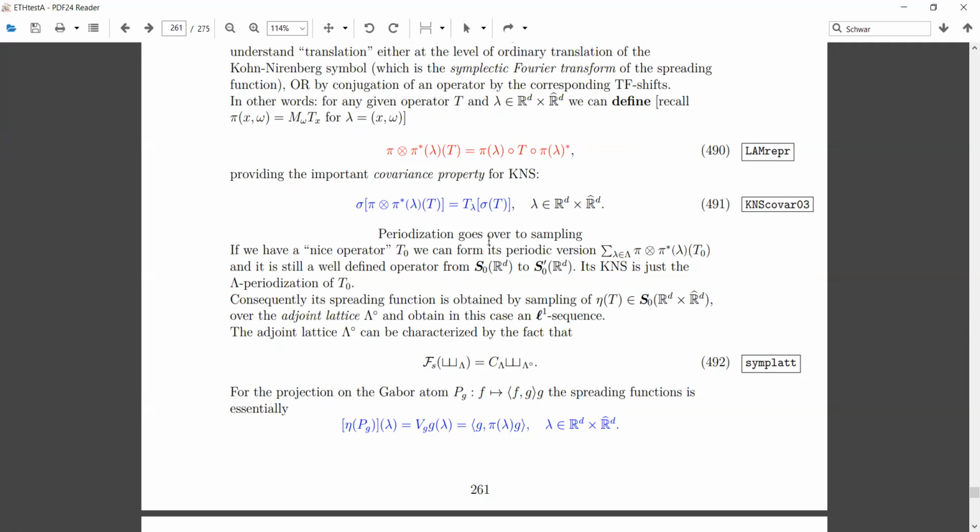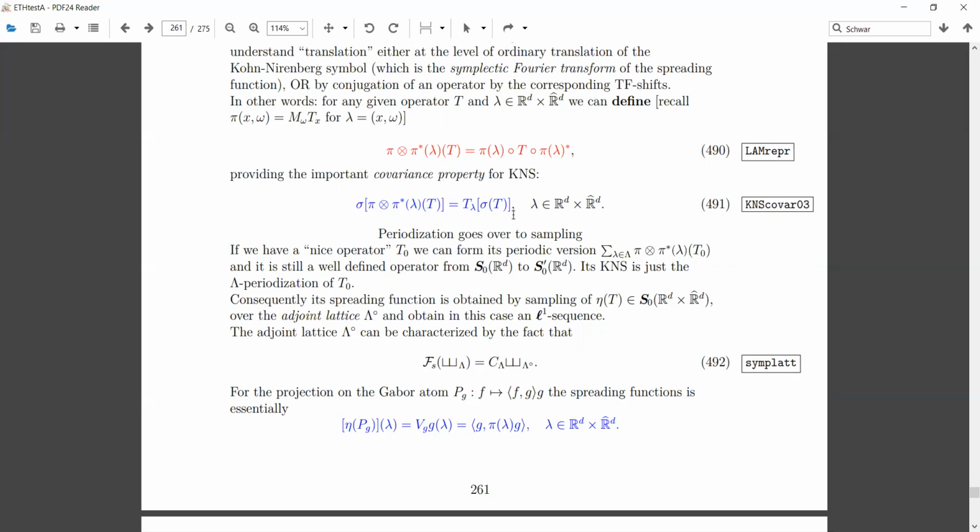This is why it's better to take not this spreading function, which I called eta, but the Kohn-Nirenberg symbol, which is the symplectic Fourier transform of this. This is just to correct for minus signs and so on, but it's essentially a two-dimensional Fourier transform. And then it's just a shift. So that's a very important fact.